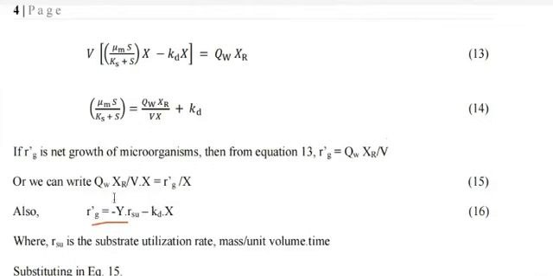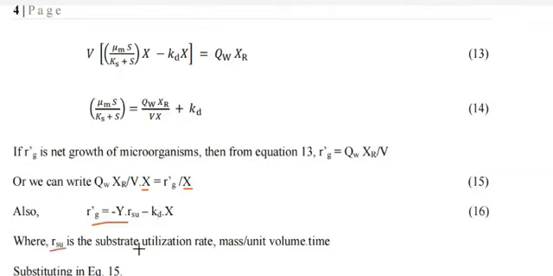Or we can write it in this format: Q X R by V into X is equals to r dash g by X. So we just divided by X, and we can write this equation. Also we can say that r dash g is equals to minus Y r suffix SU minus small k suffix d into X. Now what is this r suffix SU?